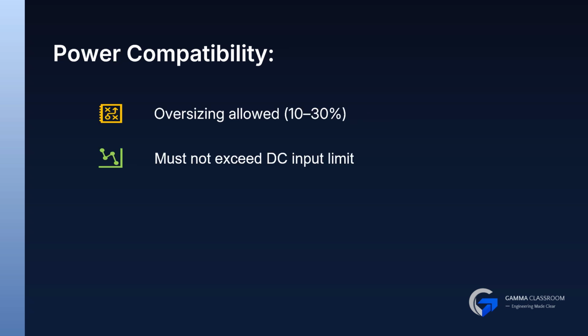Power compatibility ensures the array's DC power doesn't exceed the inverter's input rating. Oversizing is allowed, typically 10 to 30%, but never beyond the inverter's limit.